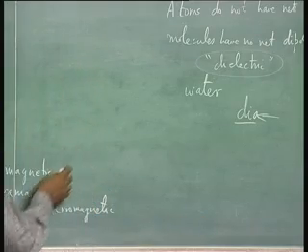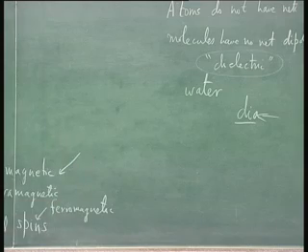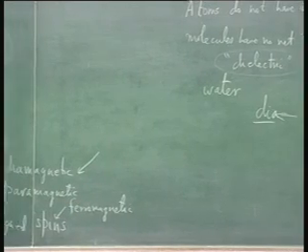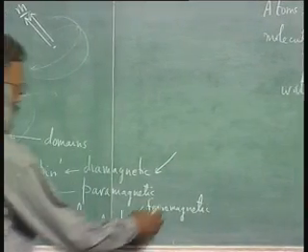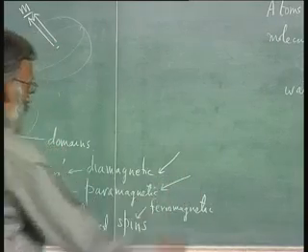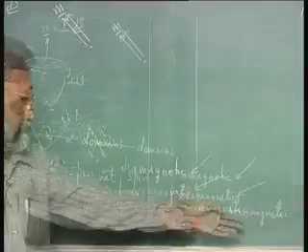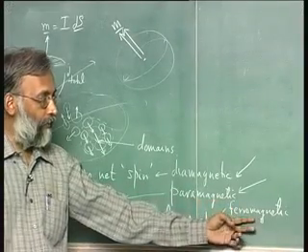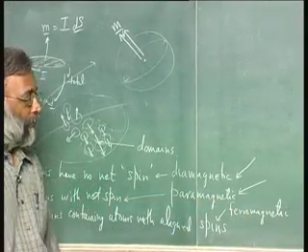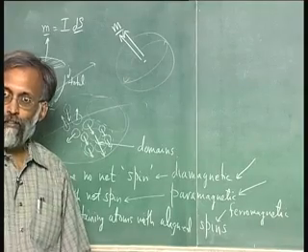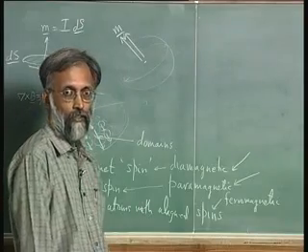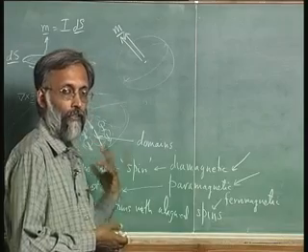Similarly, diamagnetic tries to suppress the magnetic field, whereas paramagnetic actually tries to enhance the magnetic field, and ferromagnetic materials are materials where the magnetic field can be generated, can exist without an applied field.